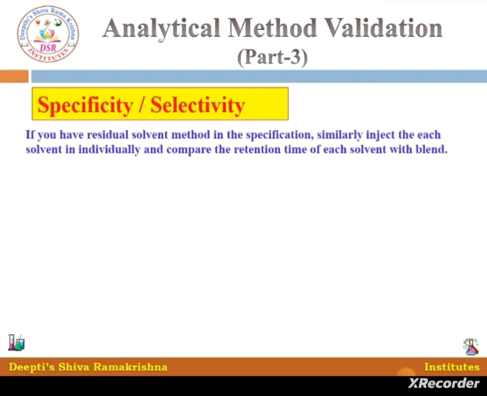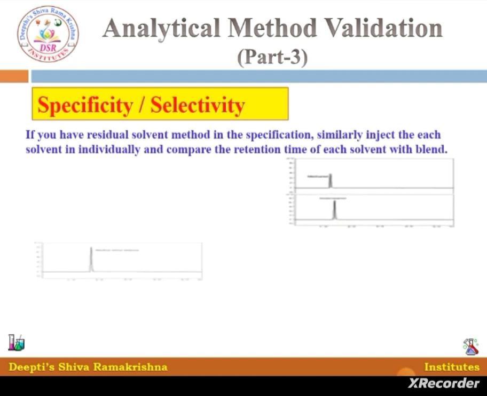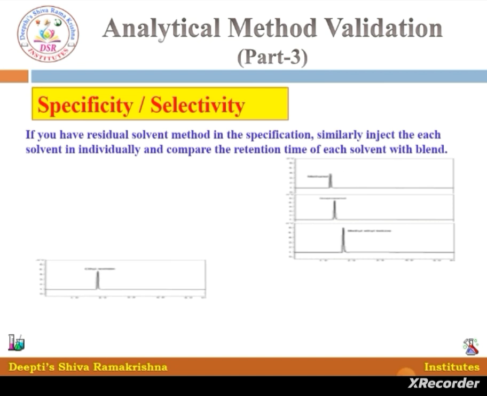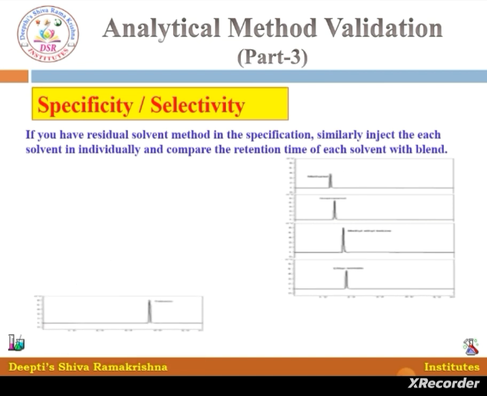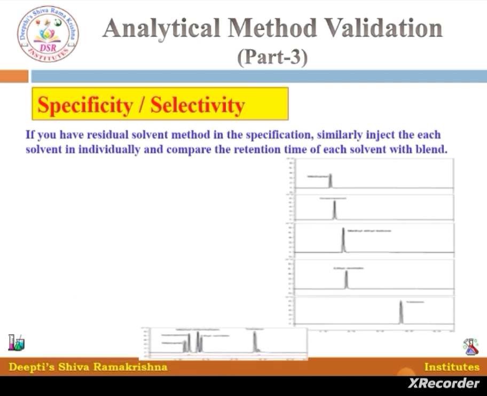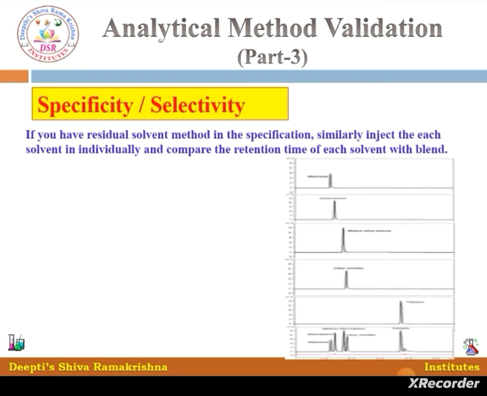So if you have a residual solvents method, inject each solvent individually and a blend of all solvents in one chromatogram, similar to the above procedure. Compare each individual solvent with the blend of all solvents. If you check these chromatograms, the first and second chromatogram RTs are nearby.